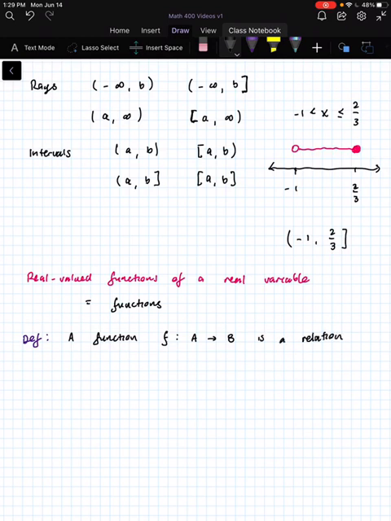And a relation is another precise mathematical word, but we just mean we're relating things in A to B, such that for each element x in A, we assign f of x in B.